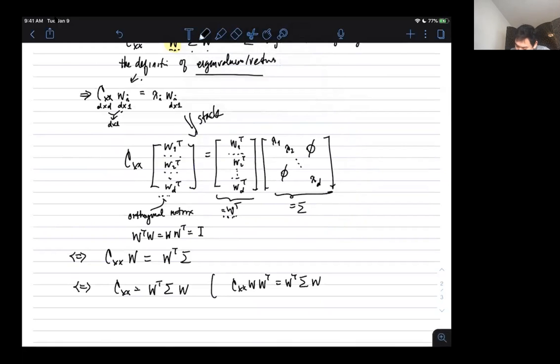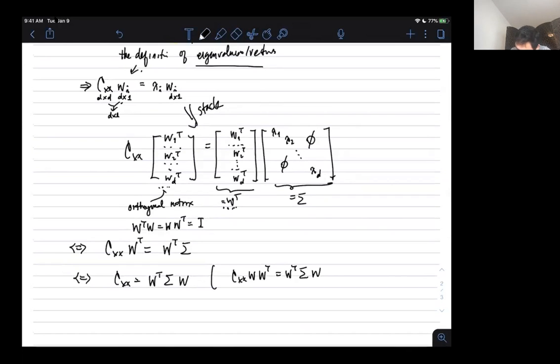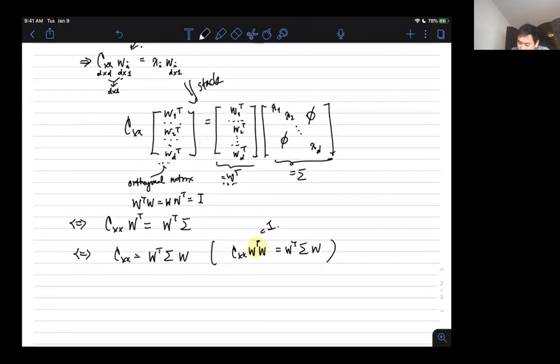What we get here is CXX times W transpose equals W transpose times sigma. We multiply that with W from the right, on both sides. And then we notice that this part, W transpose times W, is identity. That leads us to the equation CXX equals W transpose times sigma times W.